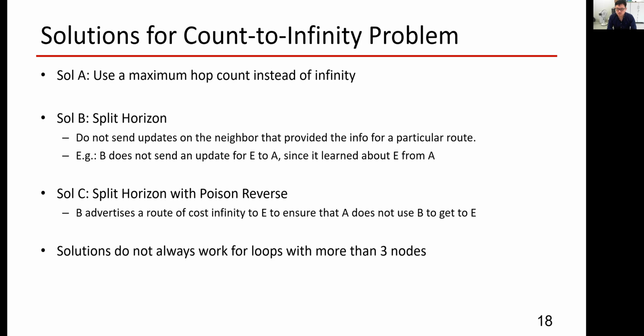Then split horizon, whoever comes back to me, maybe I update my route, and this can also be contaminated. So dropping it maybe is good. Sometimes it is a good idea, but dropping it sometimes gives me poor information. Okay, so poison reverse is the same approach. Then in reality, how do they solve this? So does anyone know?